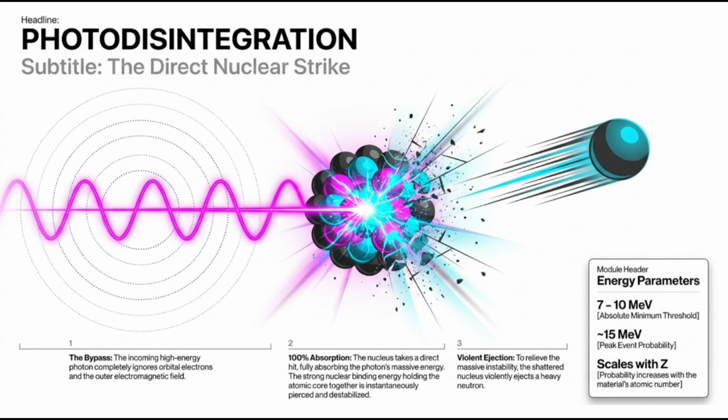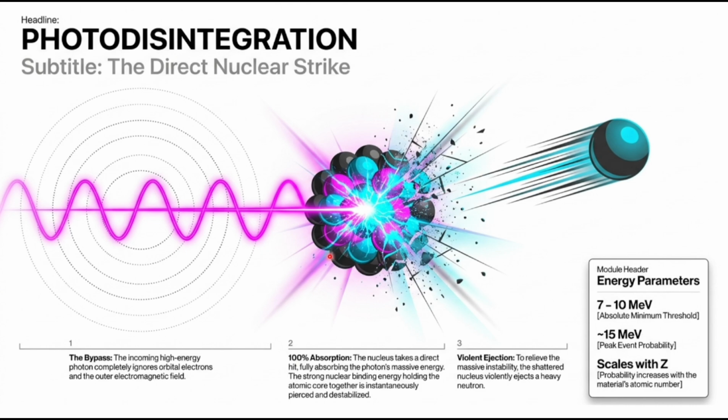During this violent hit, the nucleus absorbs 100% of the photon's massive energy. This incredible burst of energy completely destabilizes the nucleus. It directly pierces the strong nuclear binding energy holding the core together.